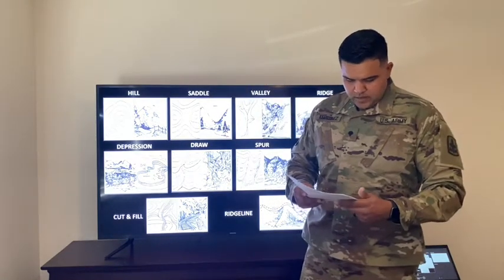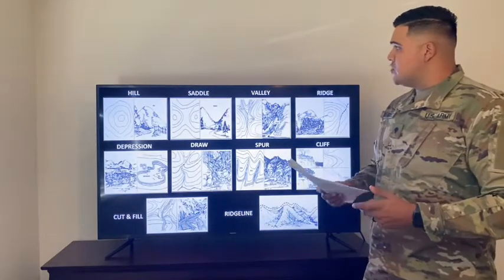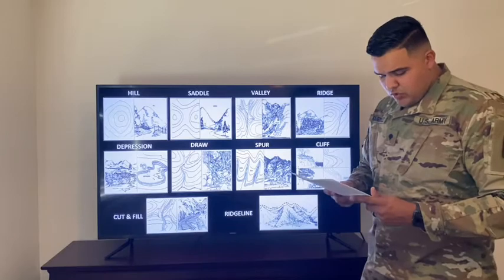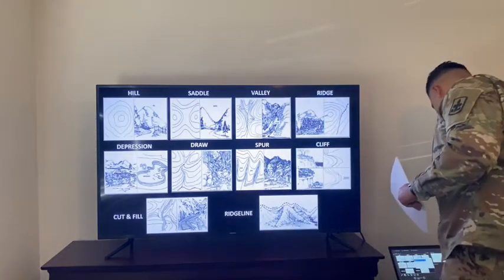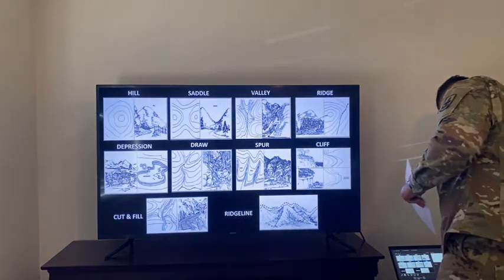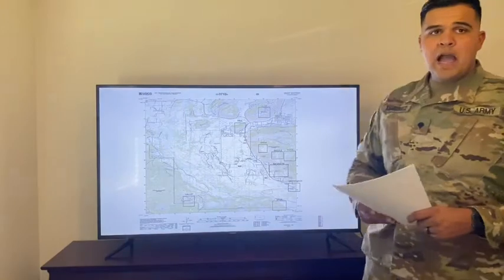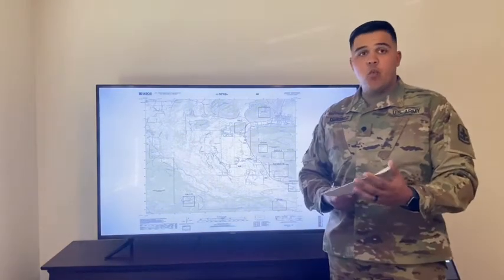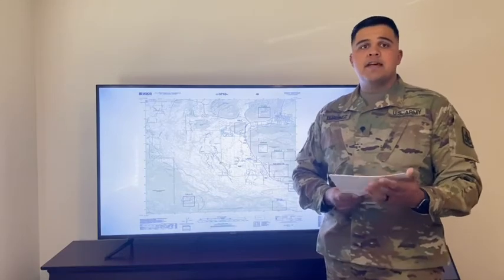All right, so those are the 10 terrain features on the map that you will be tested on. I'm going to do a full speed demo of the assessment. This will be the map that we will be using. I will do a full speed demonstration of what you will be tested on today, and then we will go into depth on exactly what I did to pass this assessment.